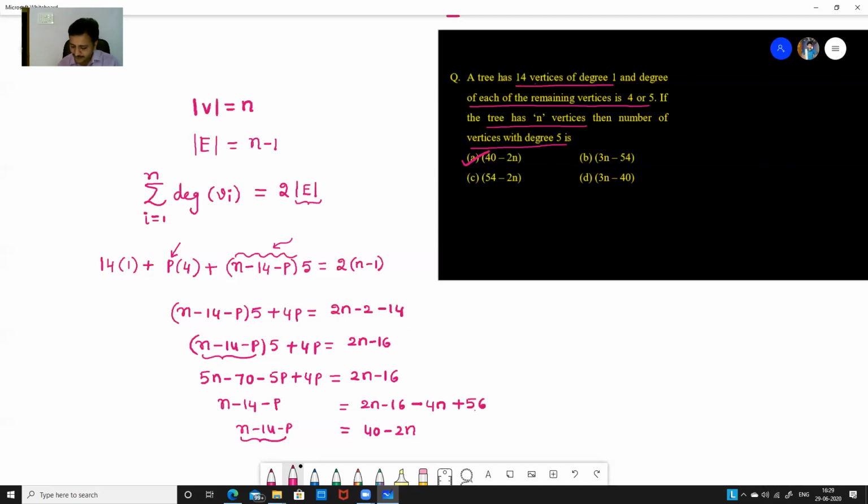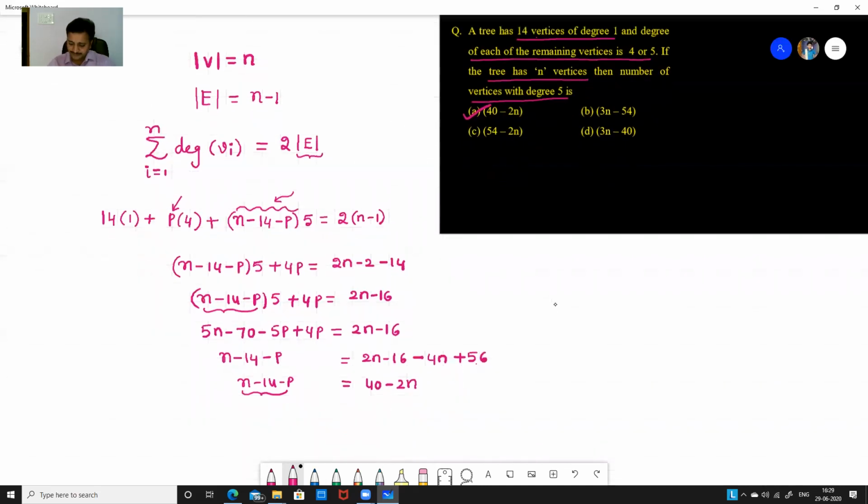These are the number of vertices of degree 5. Let me write that step here. This indicates the number of vertices of degree 5 is equal to 40 minus 2n, right?